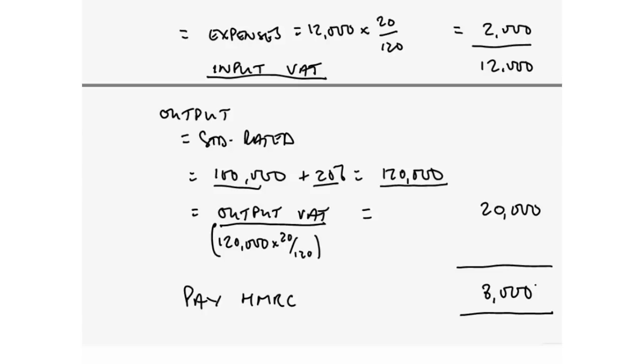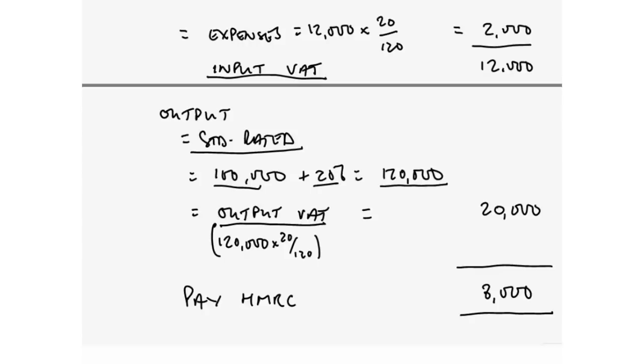So on this particular period, for this particular business, the business would have to pay out £8,000 of VAT, that excess of output VAT over input VAT. But that was where we had the most likely type of supply that was taxable, standard rated.